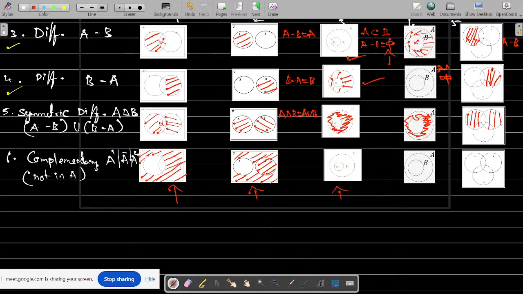What about here? A should not come. That's it. Am I right? You need not worry about the other areas, but A should not be present. That's it. What about here? Am I right? Which is A?